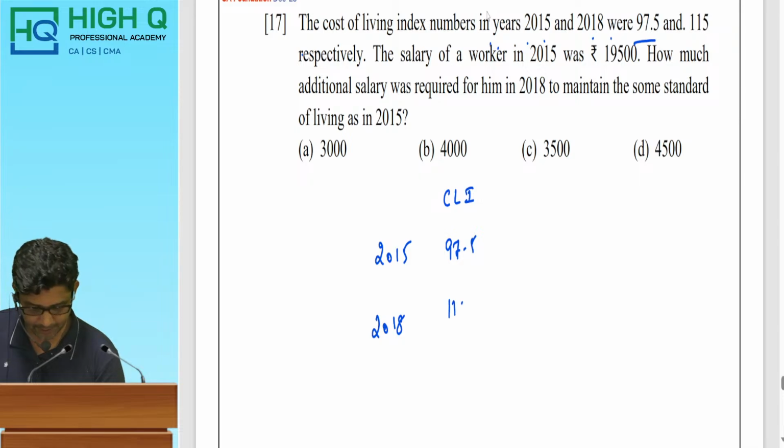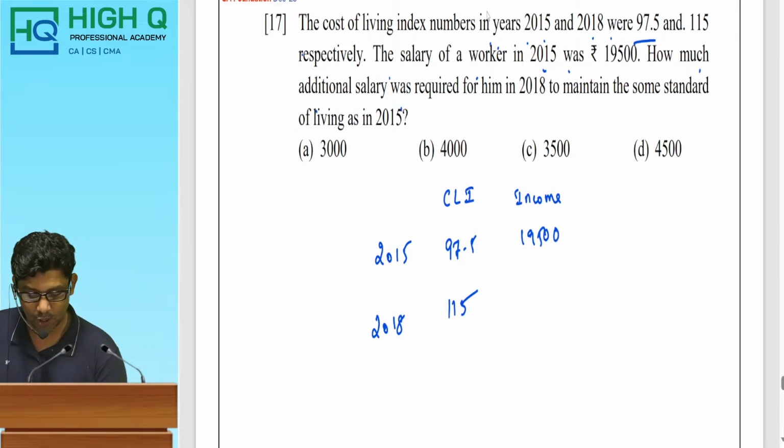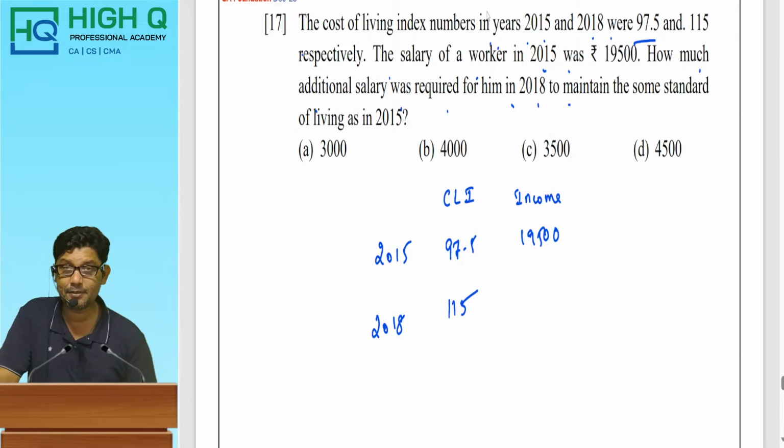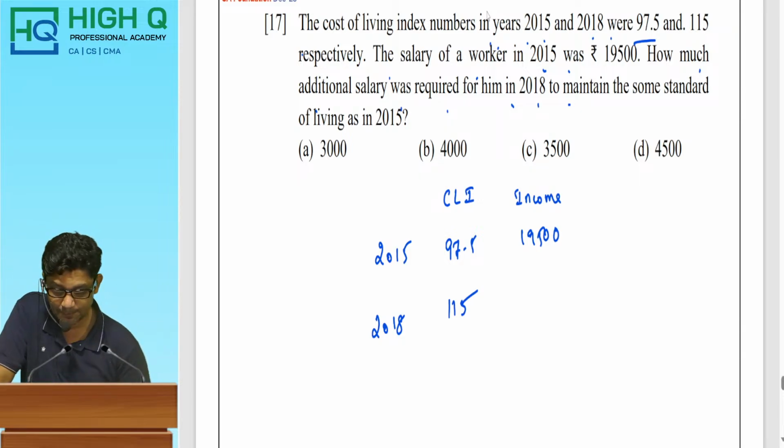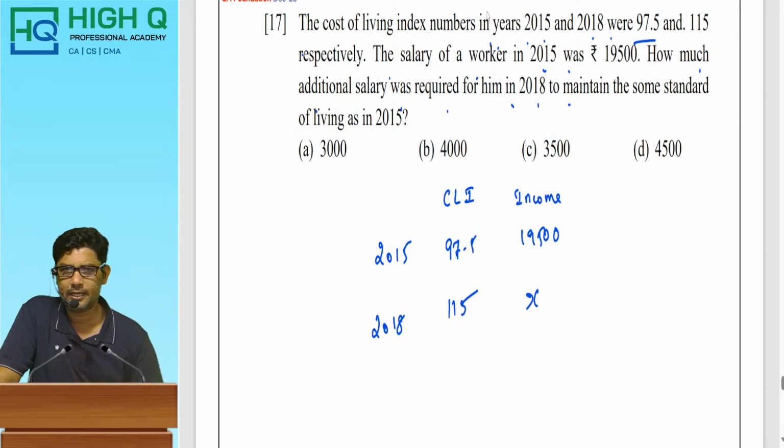The salary of a worker in 2015 was 19,500. How much additional salary was required for him in 2018 to maintain the same standard of living as in 2015? You have to handle this very carefully. Take it as x.